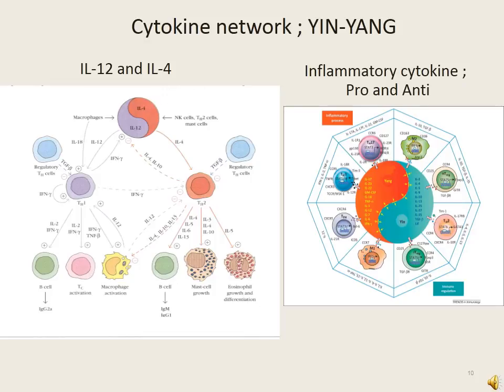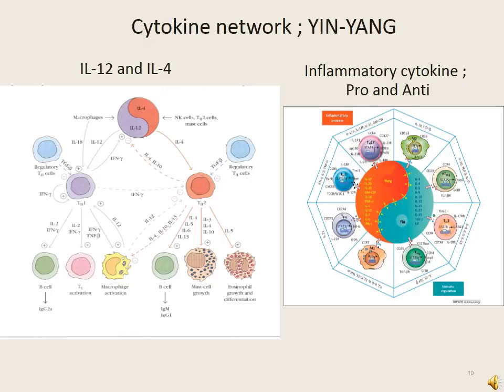So that is the term they use for the activity of cytokines: the cytokine network. And if one cytokine controls the activity of other cytokines, they use the term yin-yang network, the cytokine network or the yin-yang.